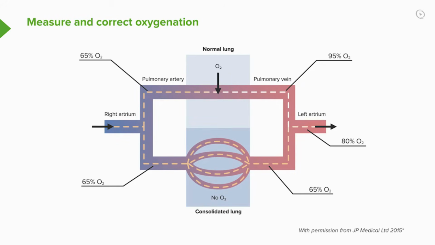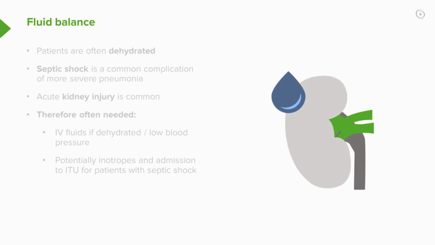So in this example, we have a patient who has quite extensive consolidation, and therefore the deoxygenated blood shunting through that consolidated lung has a significant effect on the arterial oxygen concentration, reducing it down to about 80%. So oxygen needs to be corrected, and we do that using masks and, if necessary, mechanical ventilation.